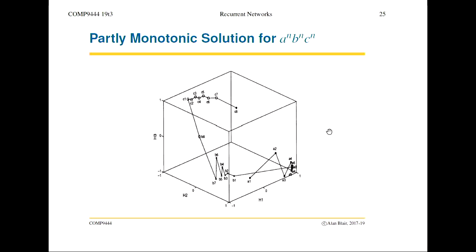In order to learn A^12 B^12, these oscillations are getting smaller, and if there's some noise in the network, it could lose track of where it's up to.